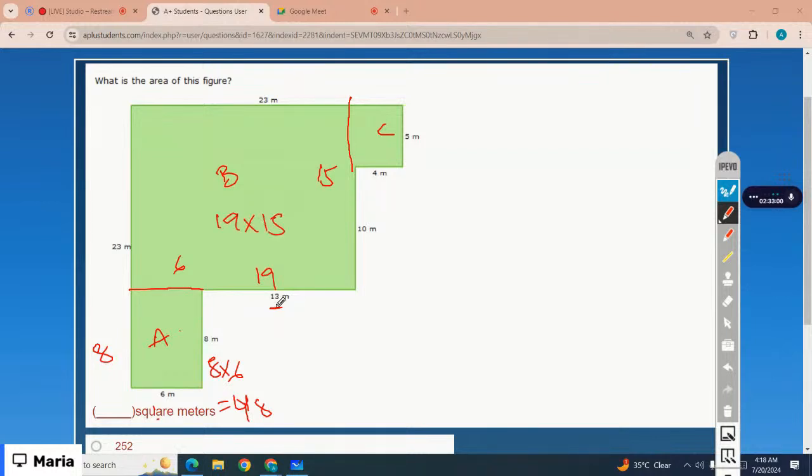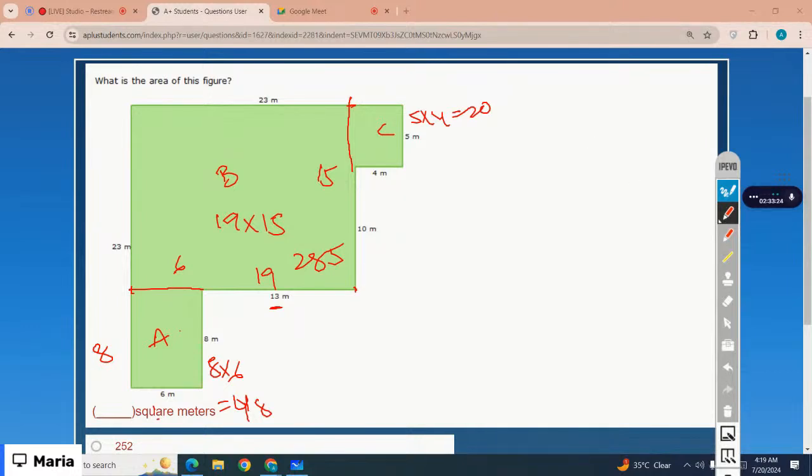You can see here 13, and 6 from here to here. 13 plus 6 makes 19, then this 5 here makes 15, right? So you have to do 19 times 15. That is 285. This one is 5 times 4, that is 20.